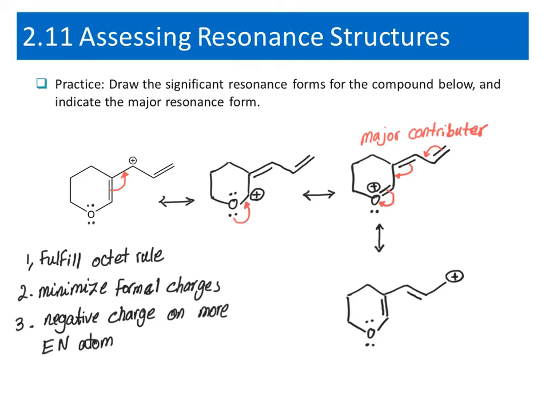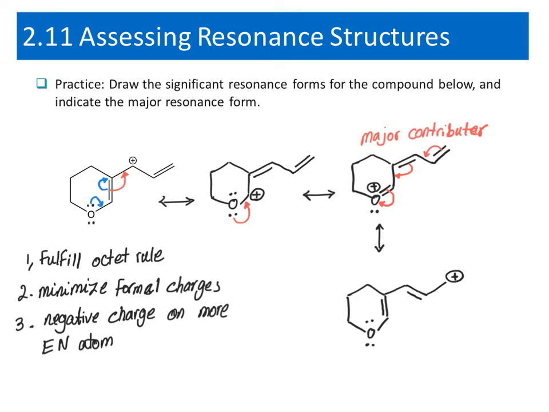Now you may think that right here in the first structure, this lone pair is allylic to the double bond. So why didn't I draw the resonance structure for that? So let's try it together. I can push the electrons. I use another color to show that. So allylic, the first arrow makes the double bond, and then the second arrow makes the lone pair.